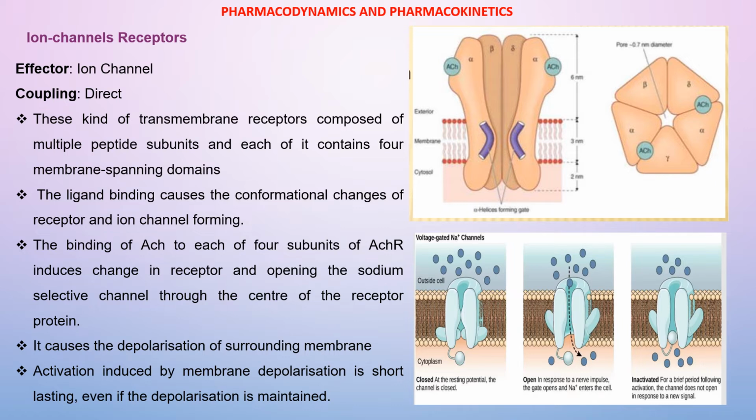This causes depolarization of the surrounding membrane, but its duration is very short, just milliseconds, even if depolarization is maintained, as shown in the adjacent figure. Here, the effectors are the ion channels and the interaction between the receptor and the ligand is direct.